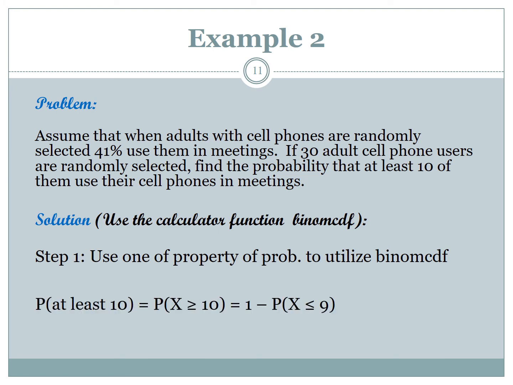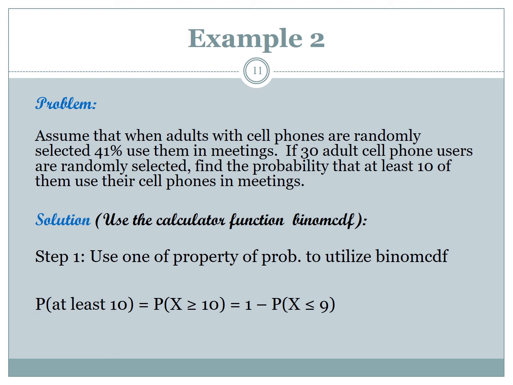Probability of at least 10 mathematically means x is greater than or equal to 10. At least 10 includes 10, so we need greater than or equal to in order to include the 10. The thing is, we don't have a function for x greater than or equal to 10.